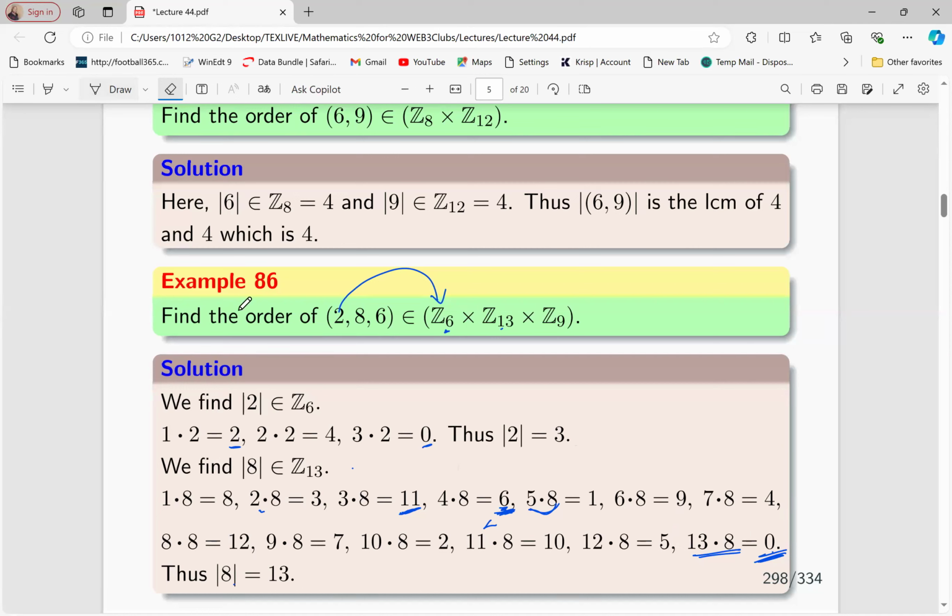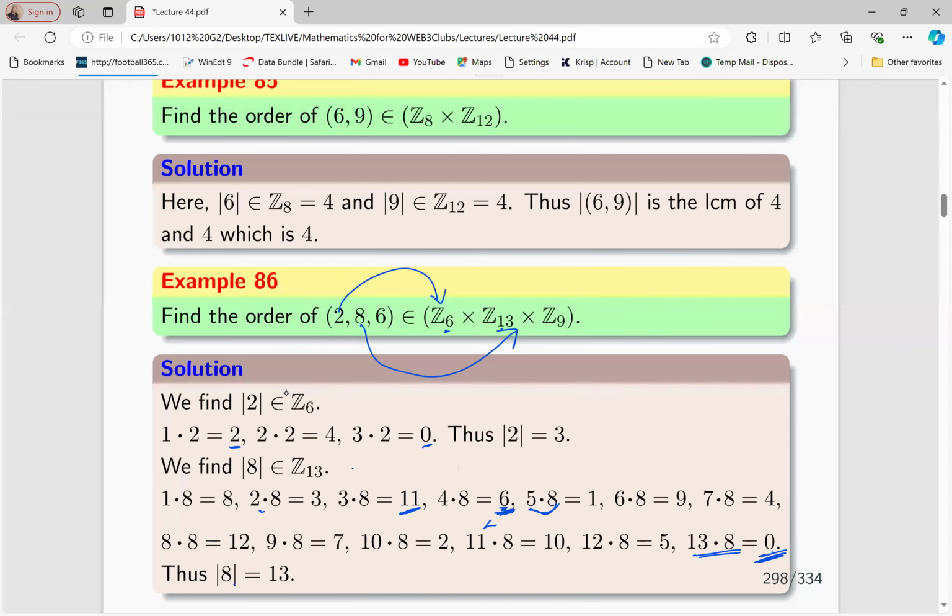So in this case, you can see that 8 and 13 are relatively prime. So since they are relatively prime, it's obvious that the order of 8 will be the same as the order of the group, and the order of this group is 13.